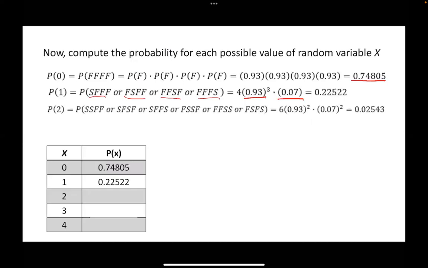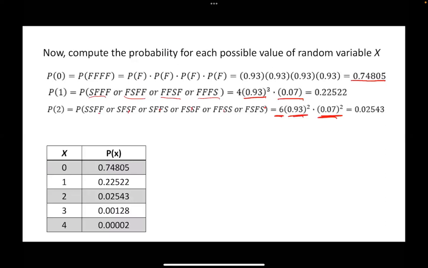Same thing with 2. There were 1, 2, 3, 4, 5, 6 different ways that I could have 2 successes. So I multiply by 6 my calculation, 2 failures, 2 successes. And then I'm just going to go down and build the rest of it. So this is my probability distribution right here. It shows the probability of getting each of those.